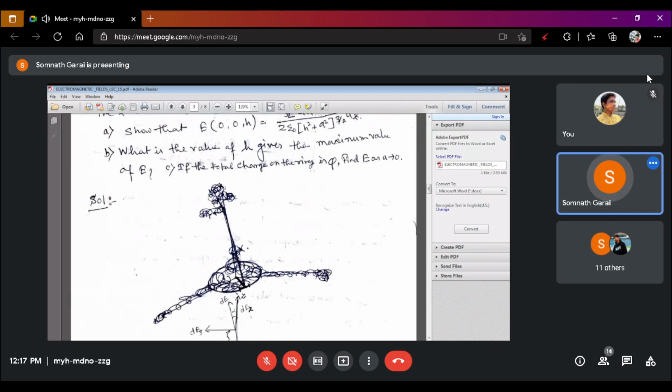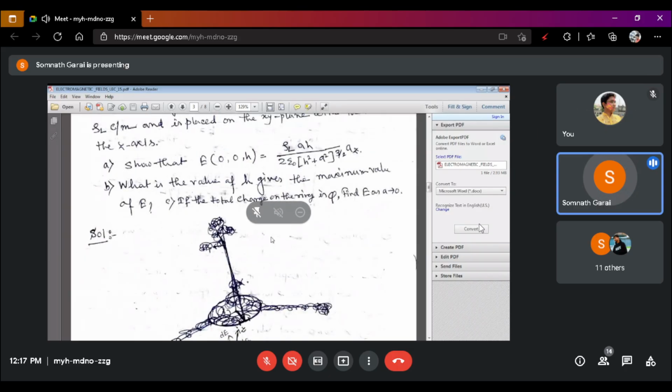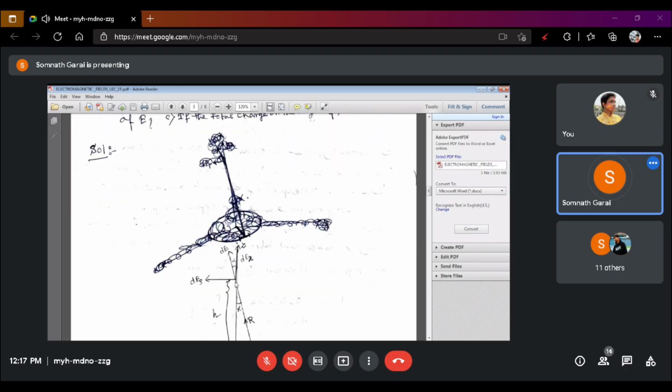So the second part is: what is the value of h to get the maximum electric field intensity at that point?